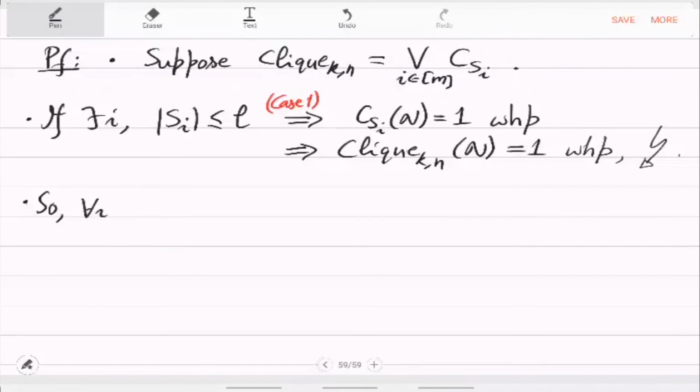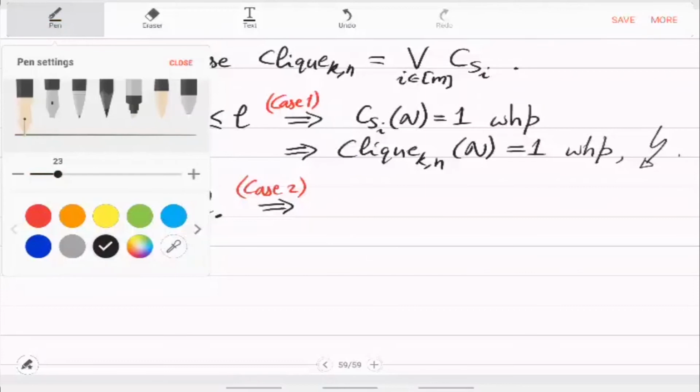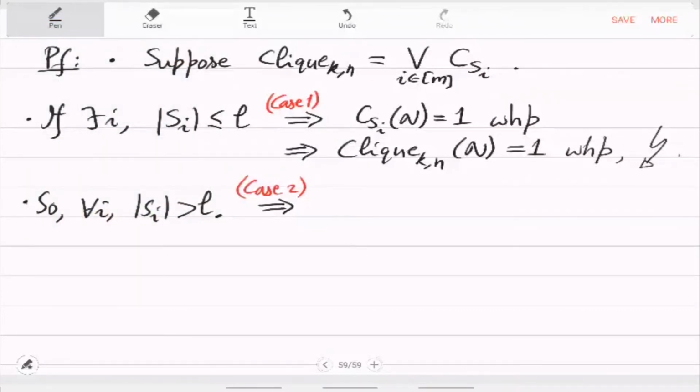So for all I, the subsets are large, which now means by case 2, since the indicators are large, you can apply case 2 on the yes instances.